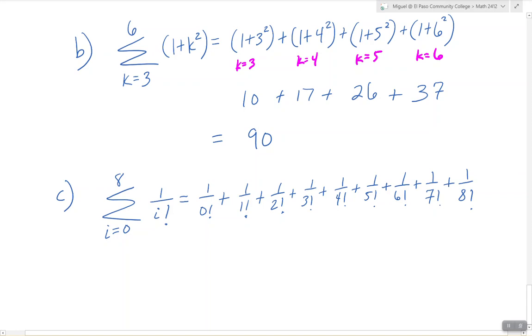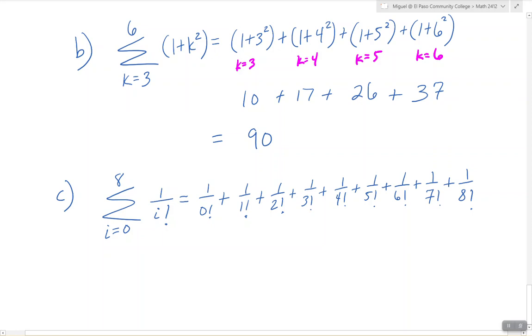So each one of those factorials, you would calculate it out. Your calculator should have a factorial button somewhere. You'll see a little exclamation point. So use that. It'll be much easier than doing it one at a time, like 8 times 7 times 6 times 5, etc.